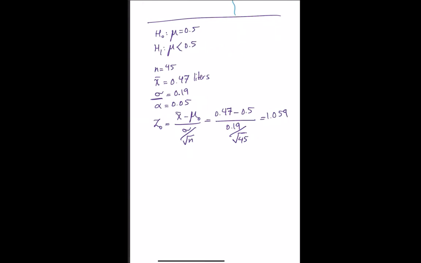And okay, now I have to compare that with critical values. Given the fact that this is a one-sided test, I have to compare that with minus Z of alpha. So let's go to the Z table and find the Z of alpha. And alpha here is 0.05. So I have to look at Z of 0.05.